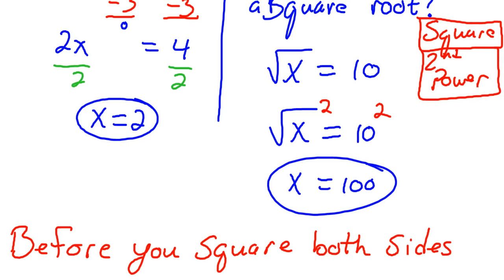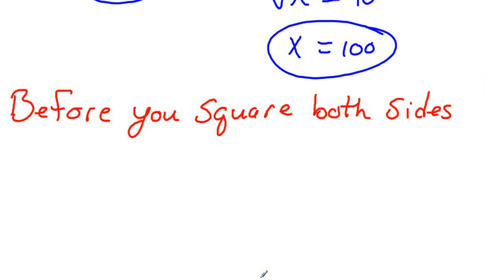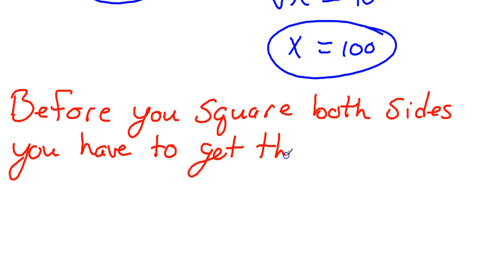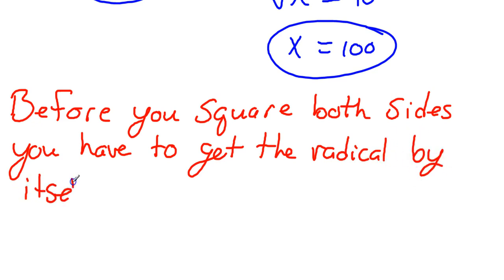Before you square both sides, you have to get the radical by itself. Because if you don't, then technically you have to do the full method. And if you're doing the full method with radicals, it's usually not very pretty, and then you wind up with more radicals in your answer. So that's the one big thing you have to make sure of when you're going through these.